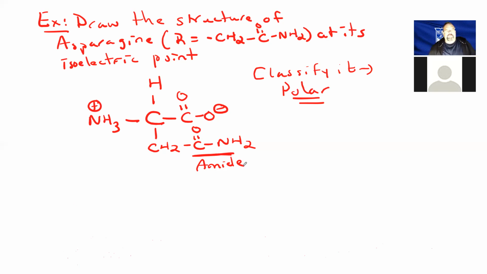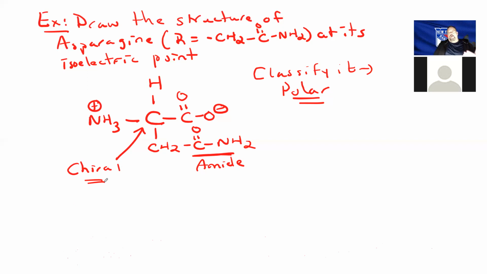Okay. One of the things we talked about with the majority of the amino acids that you come across is that the central carbon is chiral. The only amino acid where the central carbon is not chiral is glycine, because for glycine, the side chain is a hydrogen. So the central carbon ends up having two hydrogens attached to it. So it's not chiral.